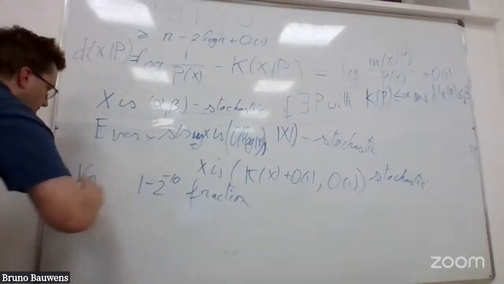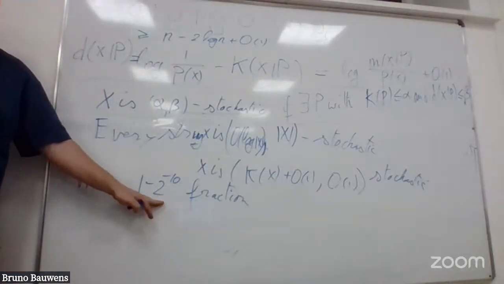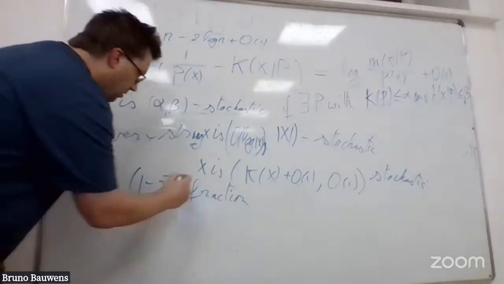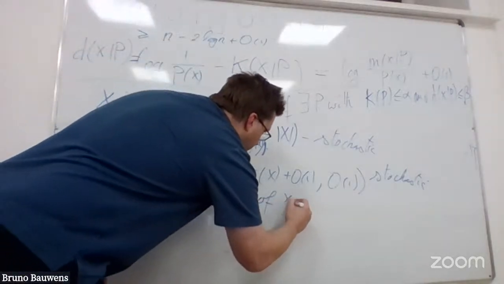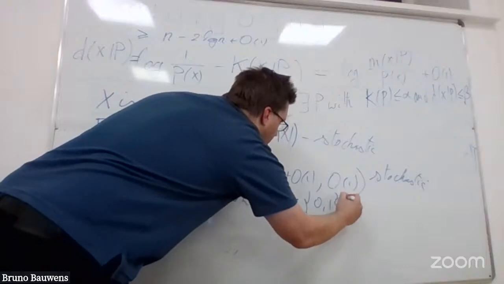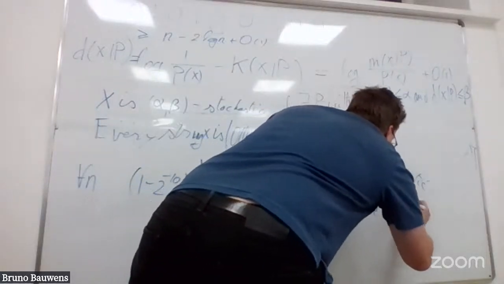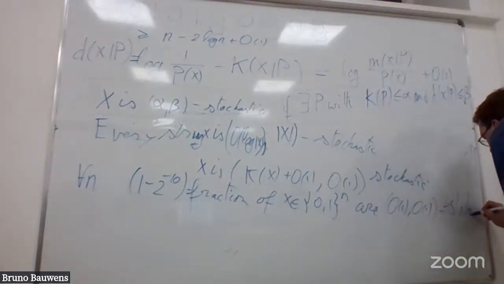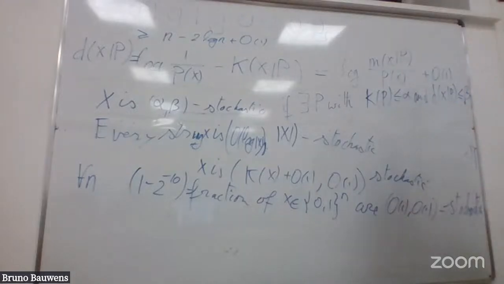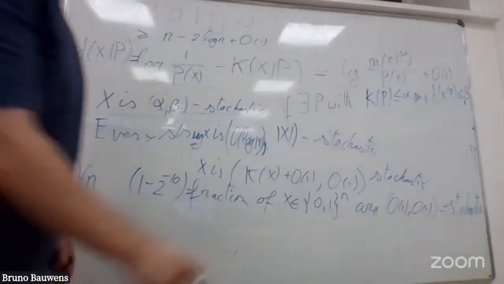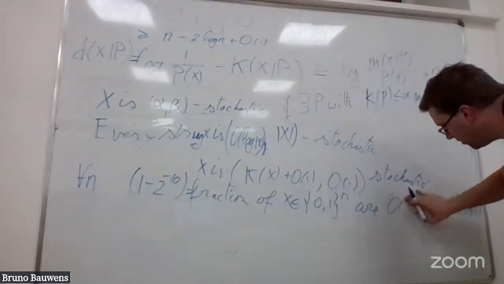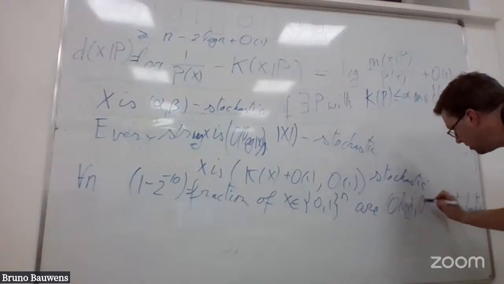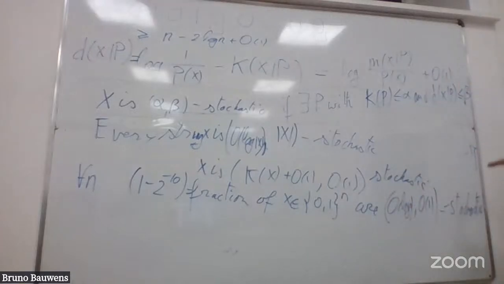So for every n, almost all strings of length n are O(1) stochastic. Is it right? No, it's not right. We need a model of order log n. But significant. So it's clear why.